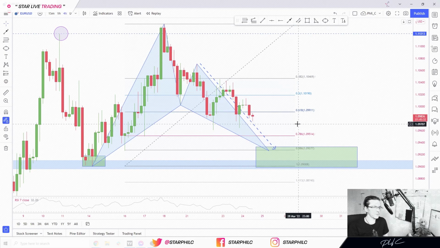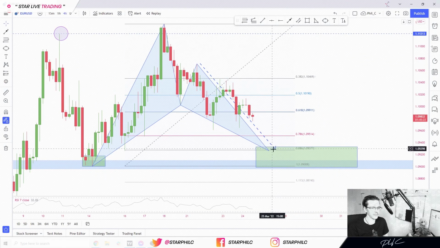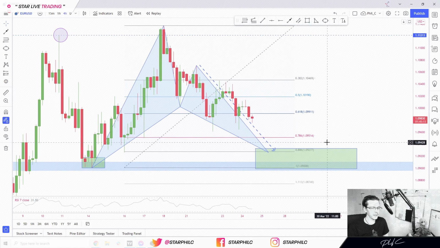I know my numbers, so every single time that I see it, I identify it, and then I wait for price action to come into my buy zone. I hit execute on the brokerage platform, and I get involved in the trade.